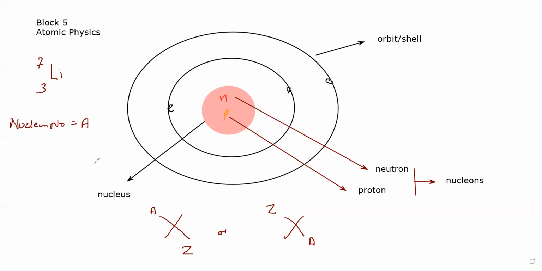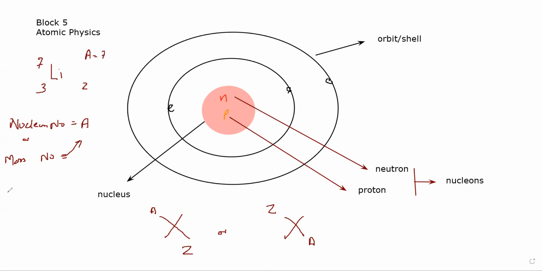What is A here, the nucleon number or the mass number? The nucleon number or the mass number is 7. So A in this example is 7. What about Z?